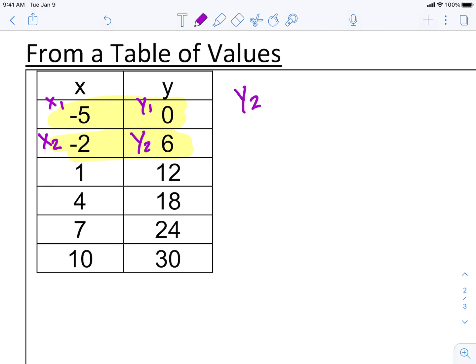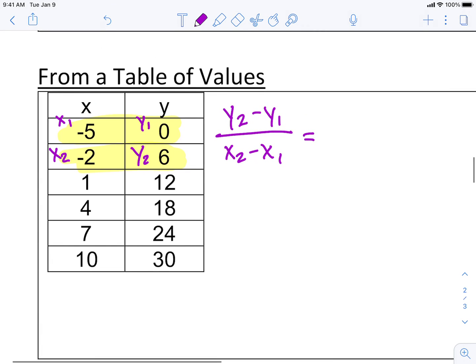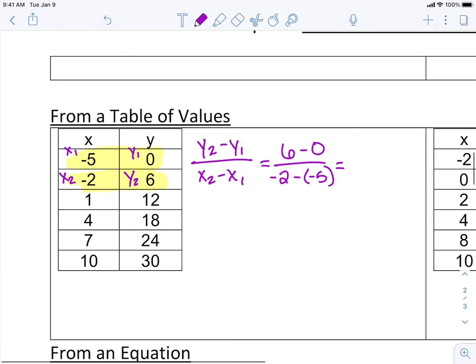So again, y sub 2 minus y sub 1 over x sub 2 minus x sub 1. So y sub 2 would be 6 minus y sub 1, which would be 0. I have x sub 2, which is a negative 2, minus x sub 1, which is a negative 5.